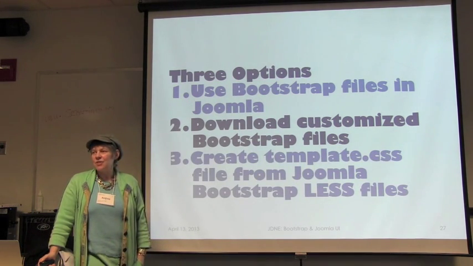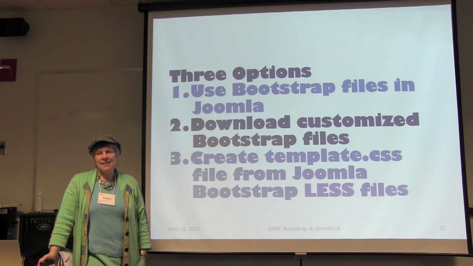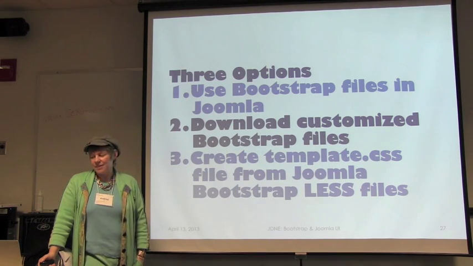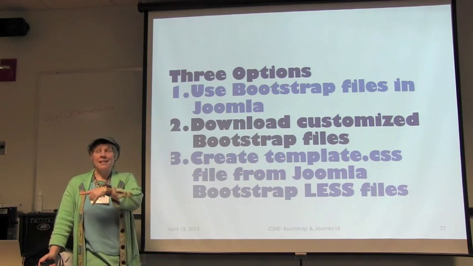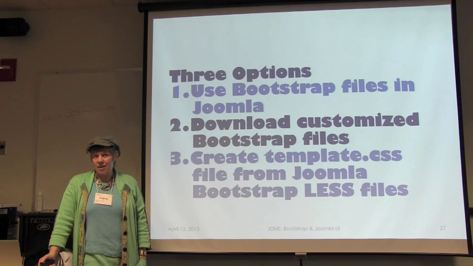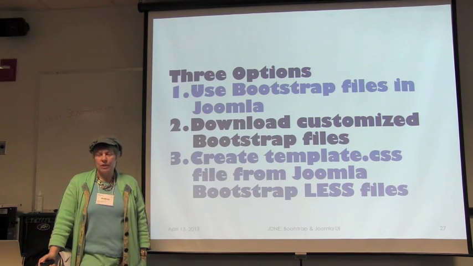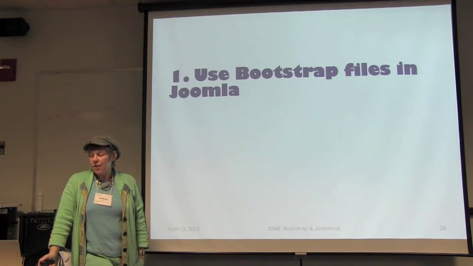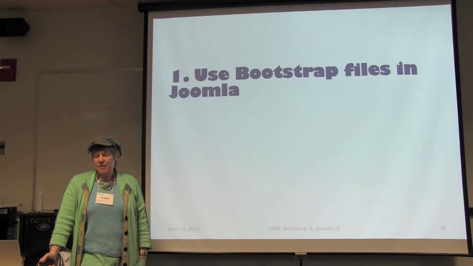And the third way is you can create your own template.css file from the information that Joomla has in its Bootstrap less files. And that way, the third one, I'm going to show you during the less talk this afternoon. I'm not really going to go over it in this talk. So we're just going to go over the first 2. So using the Bootstrap files in Joomla.